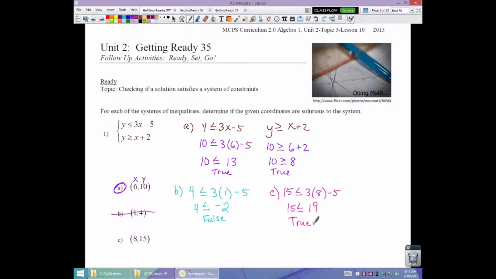So I do need to check the other one. So again, the y value is 15. That would be 15 greater than or equal to x is 8 plus 2. So 15 is greater than or equal to 8 plus 2 is 10. That one's also true. So since it worked in both inequalities, C is also a solution to this system.